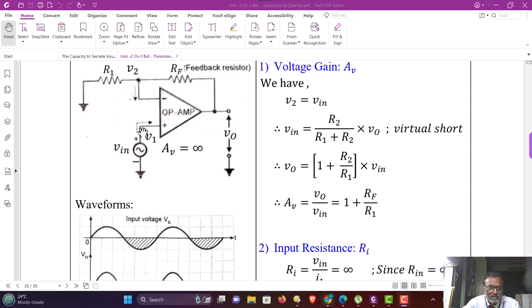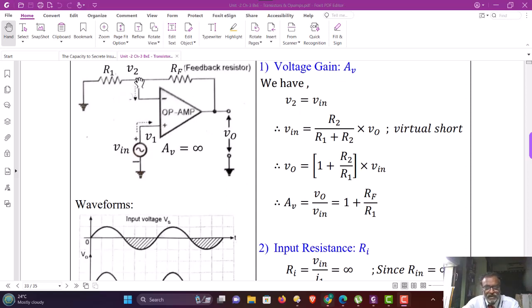Therefore, when the non-inverting terminal is at potential Vin, the inverting terminal also comes to the same potential. This is because of the feedback effect provided by R1 and RF. Indirectly, we can say the components R1 and RF try to keep the inverting terminal at the same potential as the non-inverting terminal. Here the non-inverting terminal is kept at Vin, and therefore the inverting terminal also comes to the same voltage, and therefore we have written V2 is equal to Vin.